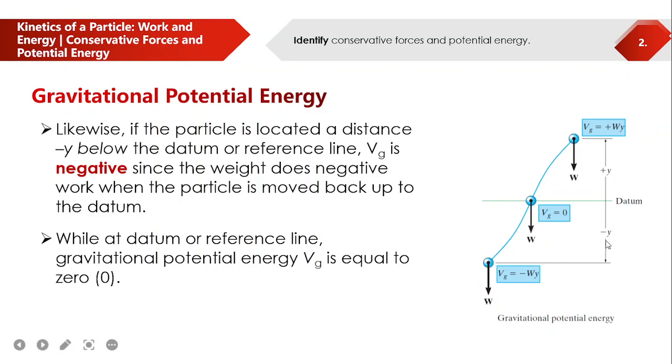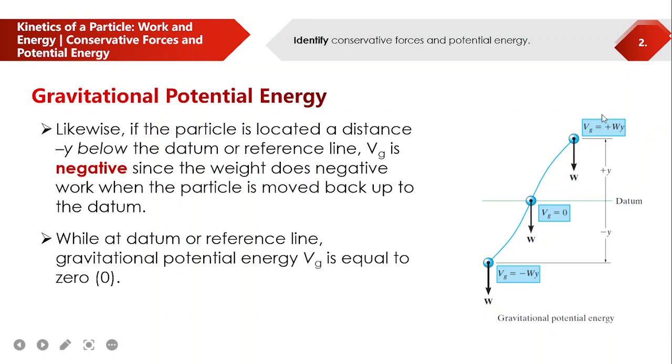Tapos yung movement natin is pa-upward. Kasi if we move back to our datum line, opposite siya sa weight natin, which is downward. Unlike dito sa ibabaw ng datum line, yung weight mo, tsaka yung pag-move back sa datum line natin is same, pa-downward din siya. Yung movement niya papuntang datum is pa-downward, tas pa-downward din yung weight mo.